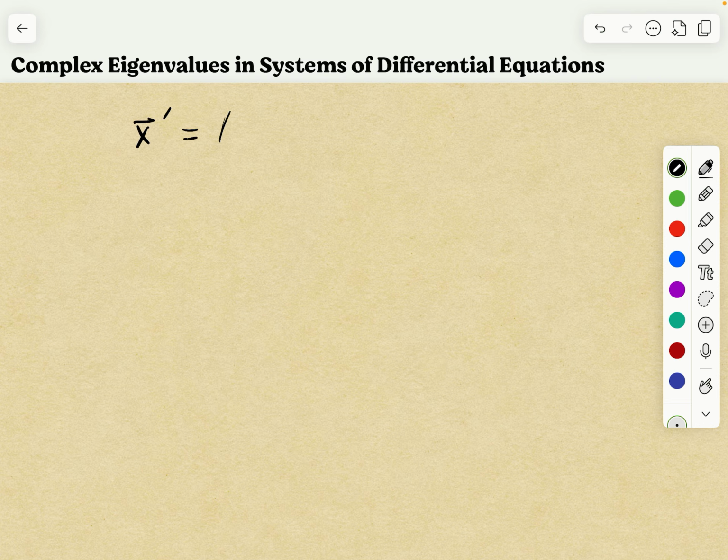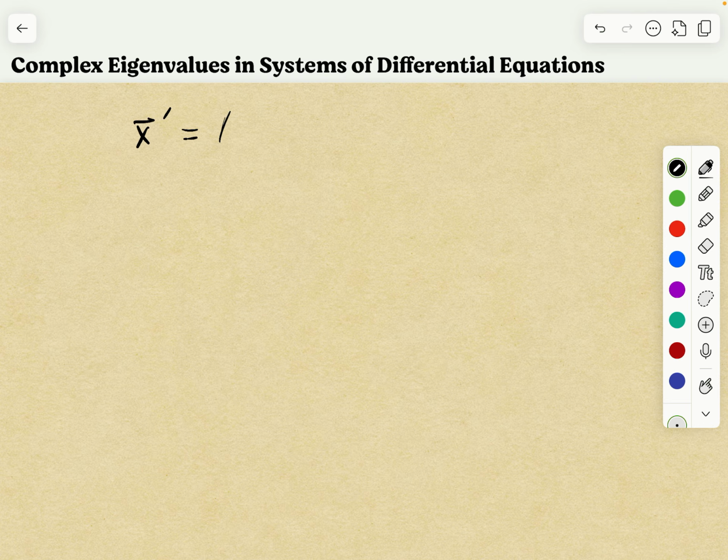The eigenvalues are the roots of the characteristic polynomial. And if A is a matrix with real entries, which it is for the purposes of this video and all the videos that I'm talking about, A is a matrix with real numbers. If the characteristic polynomial has a complex root, then its complex conjugate must also be a root.